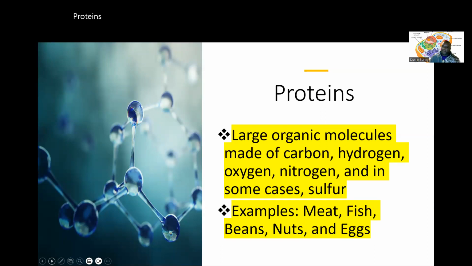Proteins are large molecules that are made of carbon, hydrogen, oxygen, nitrogen, and in some cases, sulfur. Examples are meat, fish, beans, nuts, eggs.